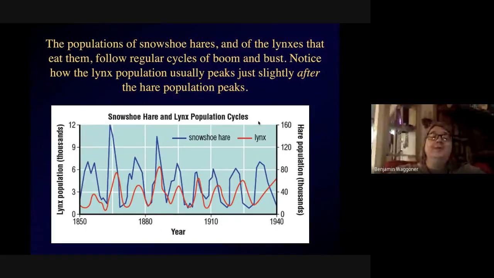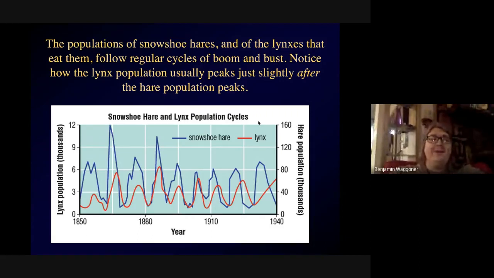In blue, you can see the population of snowshoe hares. And in red, you have the population of lynxes. And you can see that they both cycle very regularly. And what's worth noting is that the lynx population is not quite in sync with the hare population.